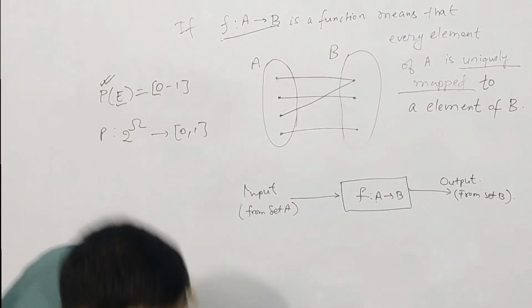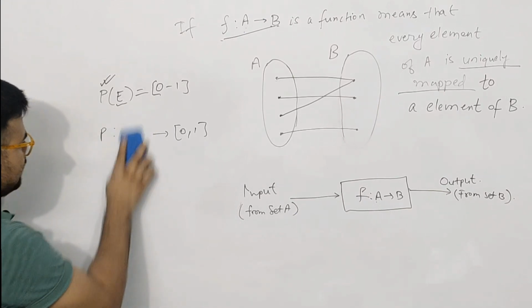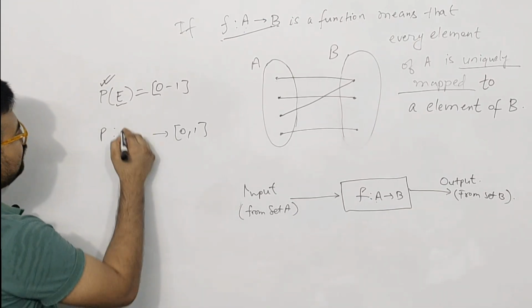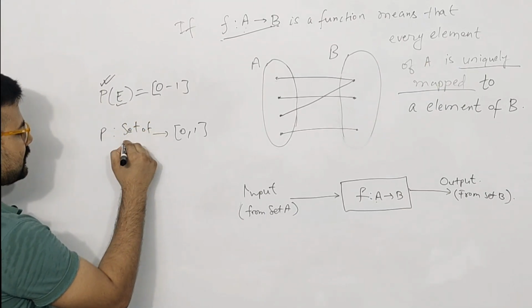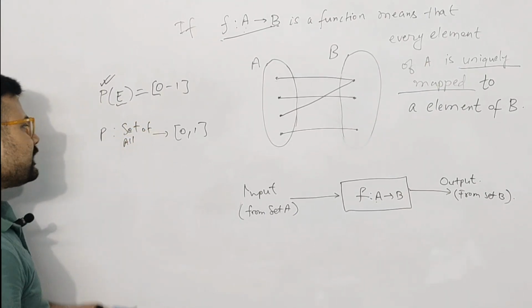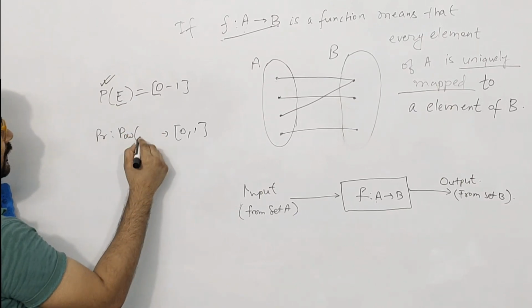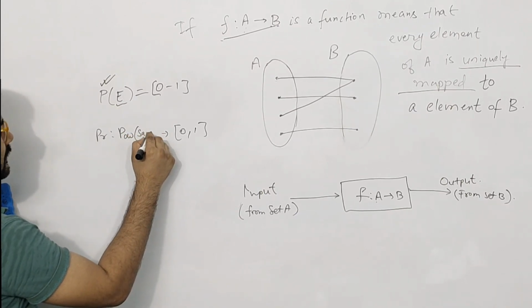Actually, instead of all events, the set of all events is the power set of the sample space. Very simple. Power set of the sample space.